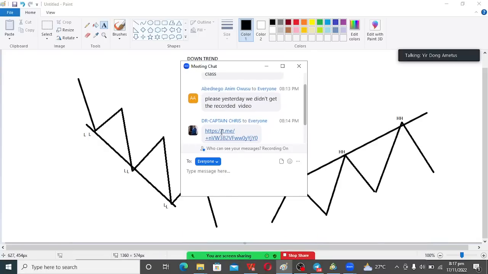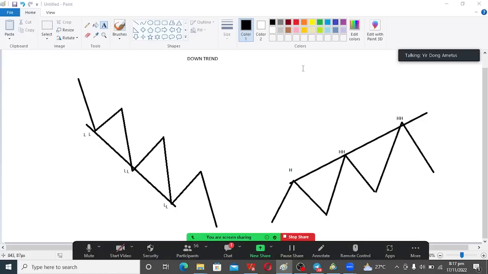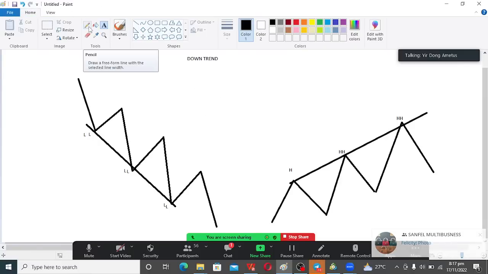I think the downtrend is when the market started creating lower highs and then lower lows, whilst for the uptrend, when the market is creating higher highs and then higher lows.